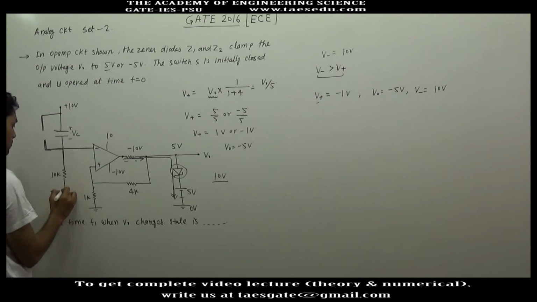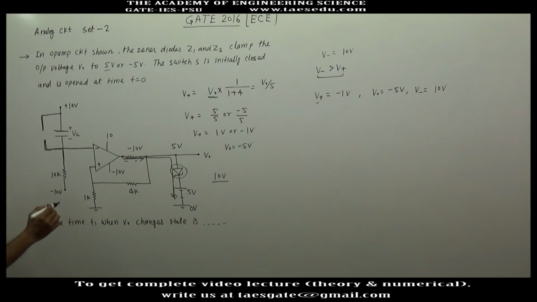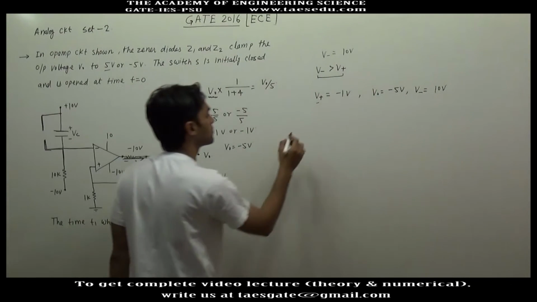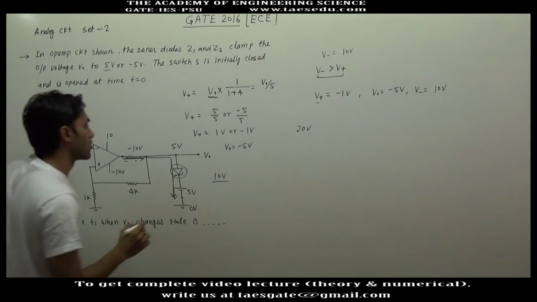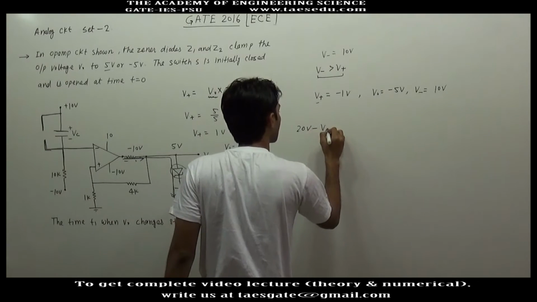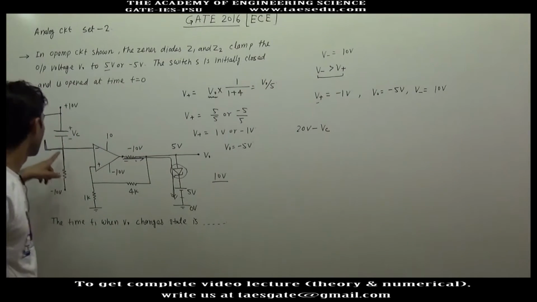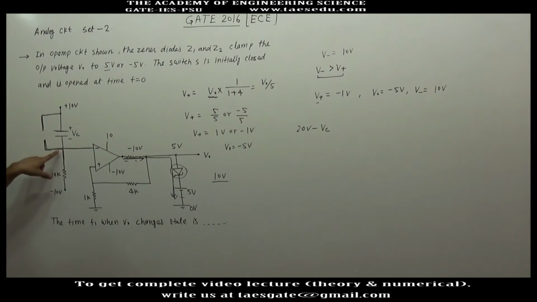So let us first find the voltage of the inverting terminal with respect to the capacitor voltage. If we move from this point to this point, we have a gain of 20 volt, minus the drop of the capacitor voltage.